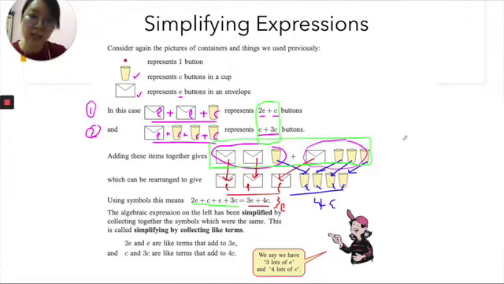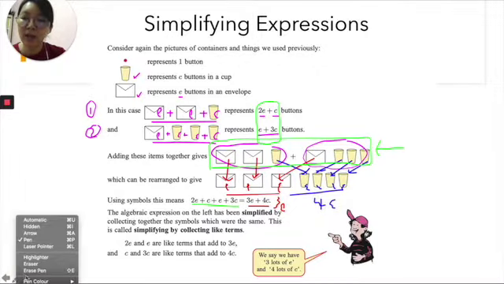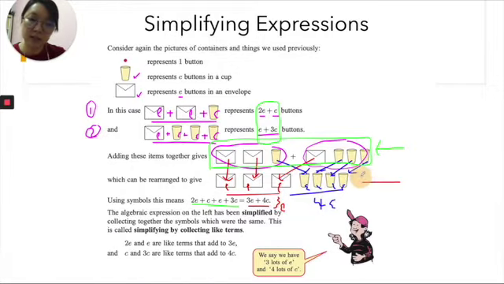So I can say that by arranging the like terms together, envelope and cup, this is called simplifying the expression. If you make a very complicated expression like this, I rearrange it again and I get a simpler one here by just arranging the like terms together.